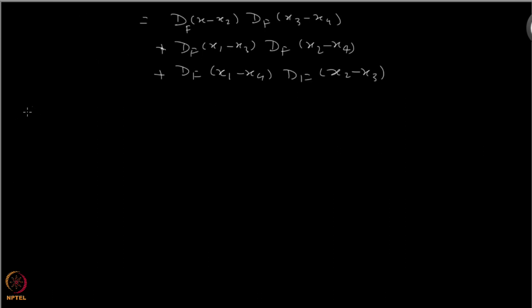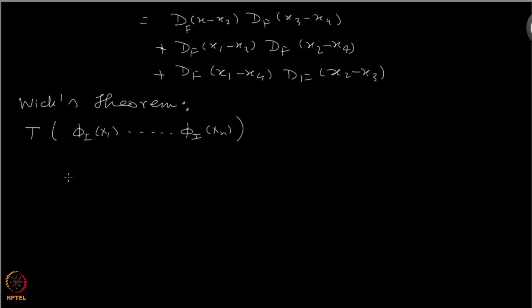Now let me state the most general case. It goes by the name Wick's theorem, and it states that if you take the time order product of n number of fields, then that can be written as a normal order. So this most general case can be written as the following.